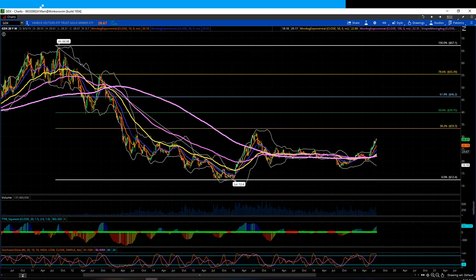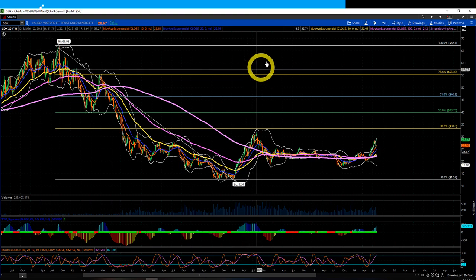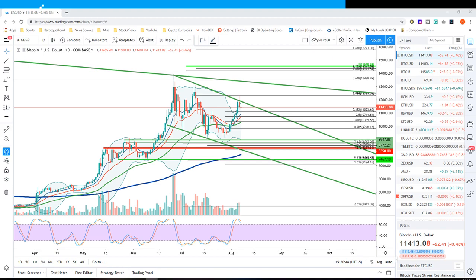My bearish outlook on Bitcoin. So my bearish thinking on Bitcoin, I'll flip back here just real quick, sorry, is that I think we're probably going to come back into this area right here, maybe back into the 10.3.